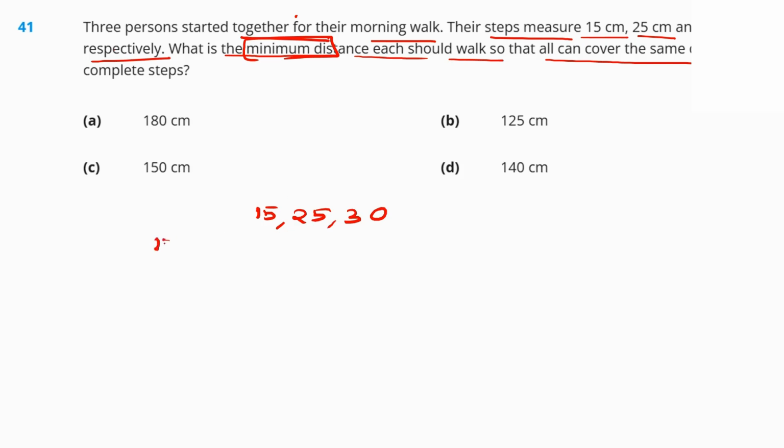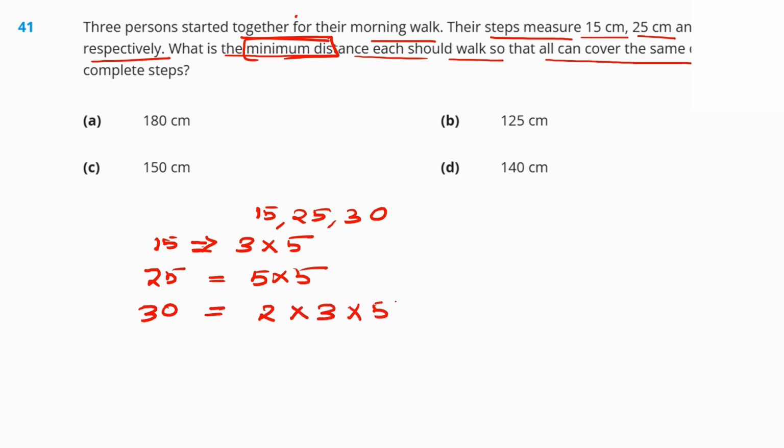What are the multiples of 15? Sorry, if we do it with the prime factorization method, the prime factors of 15 are 3 and 5. The factors of 25 are 5 and 5. The factors of 30 are 2, 3, 5.